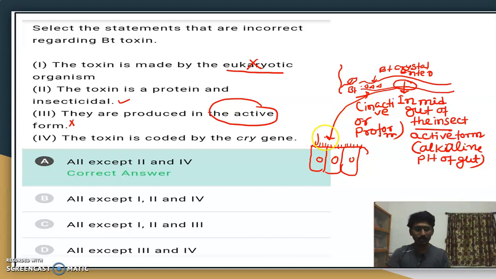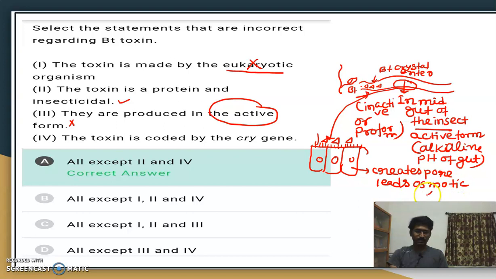Here the active toxin binds and creates pores, and this pore leads to osmotic lysis.